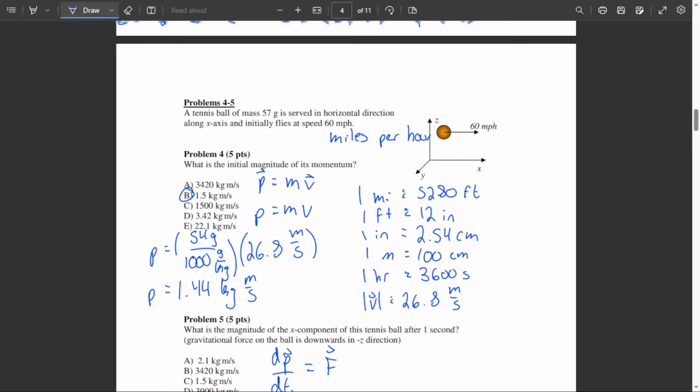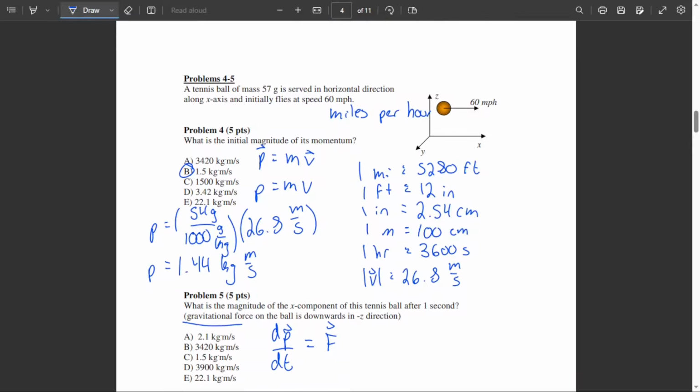If we look back at our tennis ball, we're told the gravitational force is acting in the minus z direction. So we're going to have the weight force, and that's actually the only force we have. There's no friction, there's no drag, there's no normal force. We're not told about any of that. So the force of weight is the only force, and so that's going to be the only thing affecting our momentum.